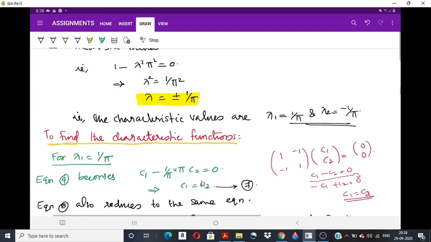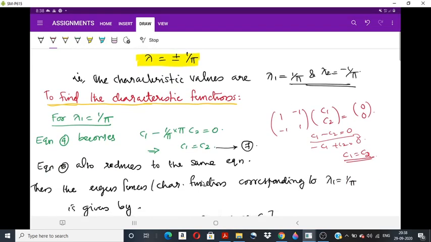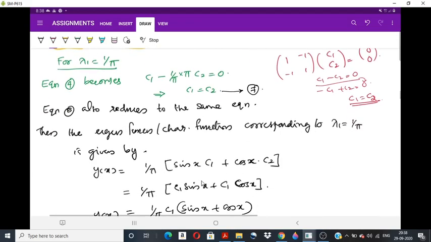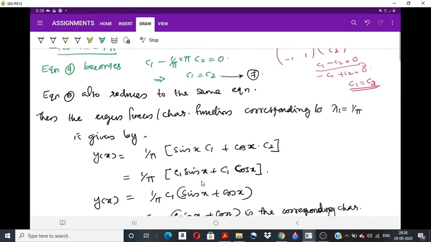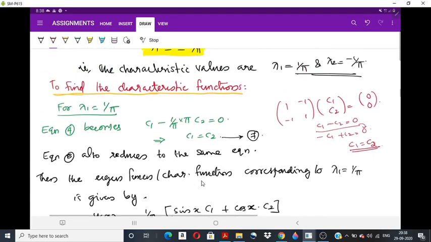Now substitute this in the general solution, that is equation number 2. What is equation number 2? That is the solution form, y of x is equal to lambda, lambda is 1 by pi, into C1 sin x plus C2 cos x, isn't it?